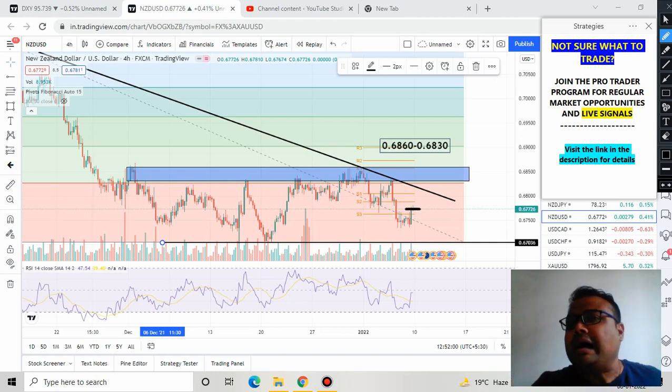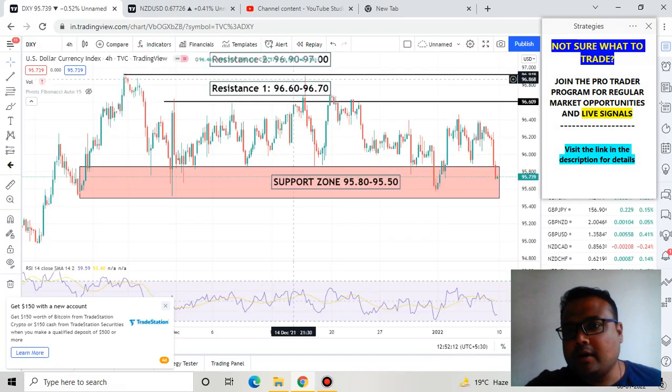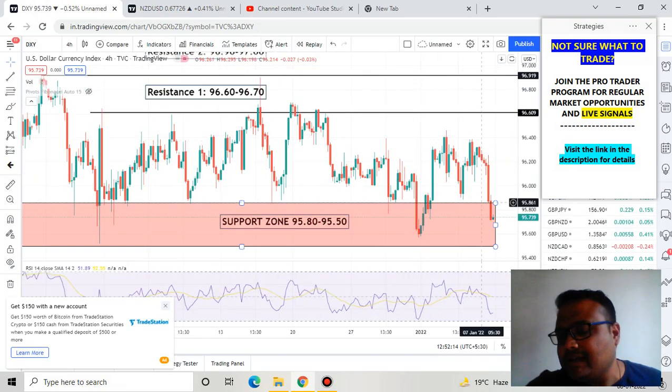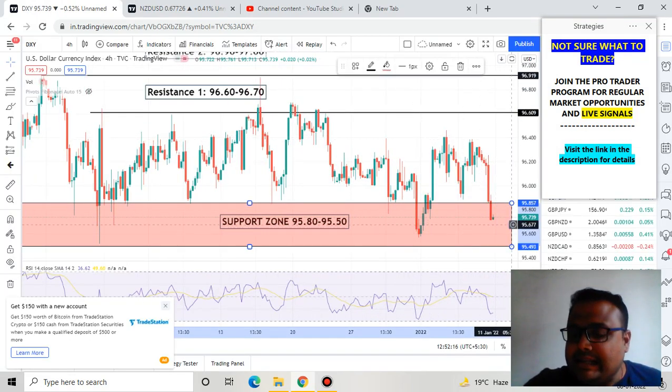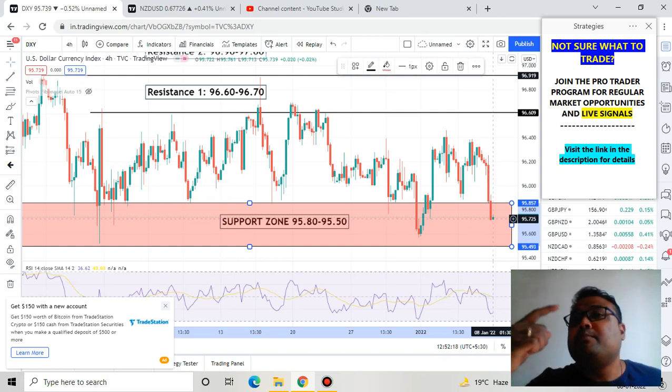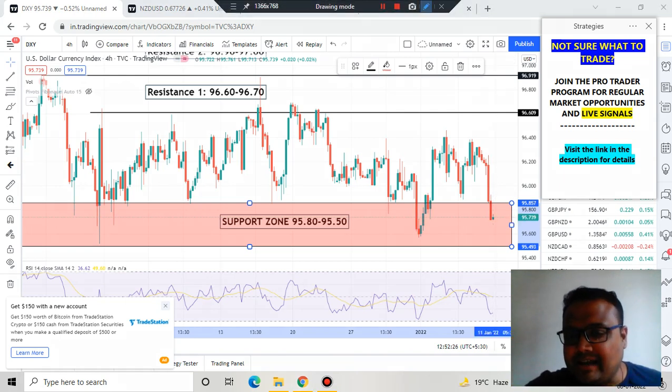After the market opening on Monday, if you see market going up from here, because after the NFP DXY witnessed heavy selling. So if the selling continues, though DXY is in support zone, then yes, there will be some up move on the NZD USD chart. But keep in mind, DXY is in support zone, so there's a good possibility of DXY bouncing from this level.